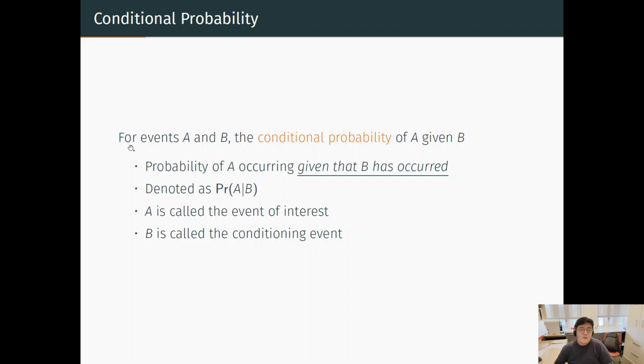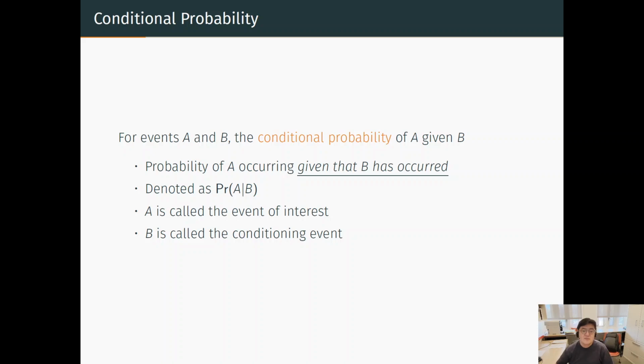So for events, the definition is like this. The conditional probability of A given B is the probability of A occurring given that B has already occurred. You are using B as a condition. B already happened. You know that it happened.